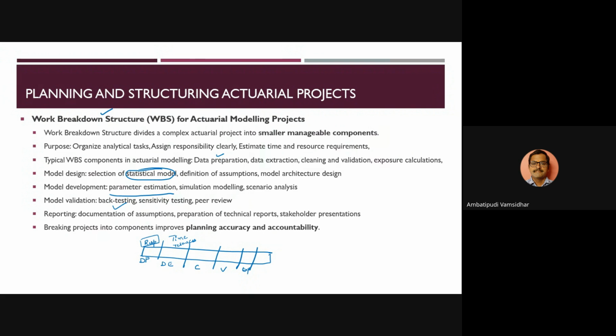Then you will also end up preparing some technical reports and stakeholder presentations as part of the reporting and documentation. As a part of validation, apart from back testing, you would also look at sensitivity analysis, which is more like if one variable changes drastically, what could be the impact on the overall output. You might also want to look at a peer review.